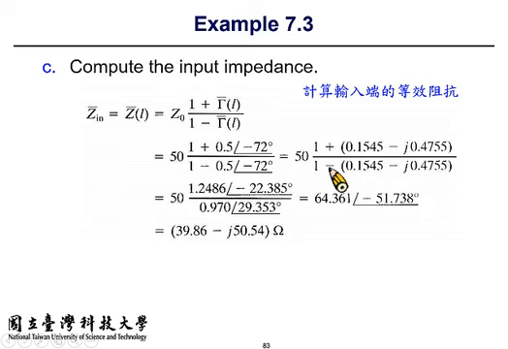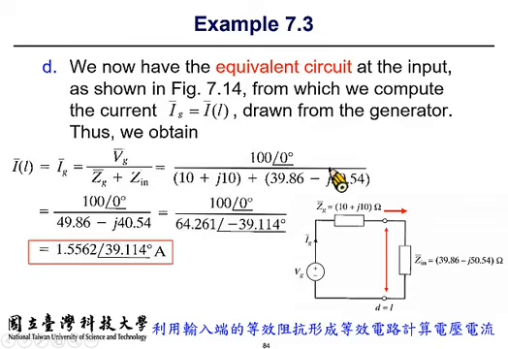Okay, so once you have the input impedance, you can draw the equivalent circuit. Here you have the generator, the internal impedance of the generator, and the input impedance of this transmission line system, which has a value around 40 minus 50j.